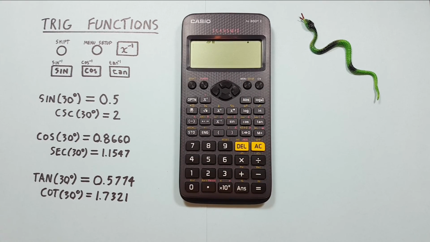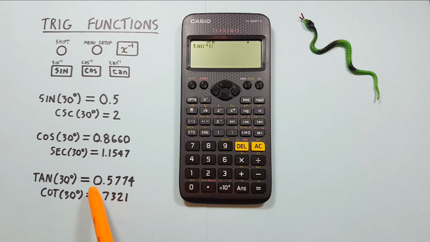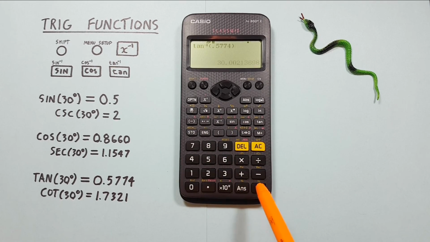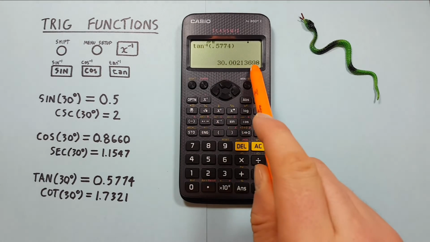For arctan, we do the same thing. We go shift tan, and here we got 0.5774, etc. So we'll round it to that. Close our bracket, press equals, and again, we see what would round to 30 degrees.